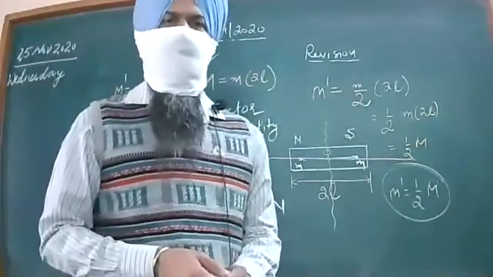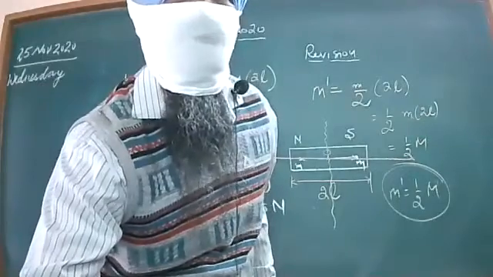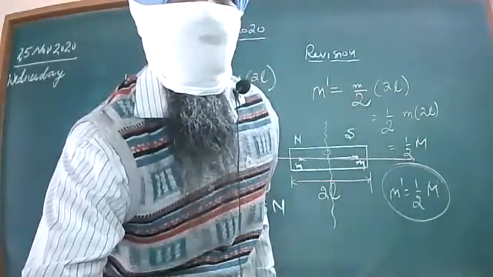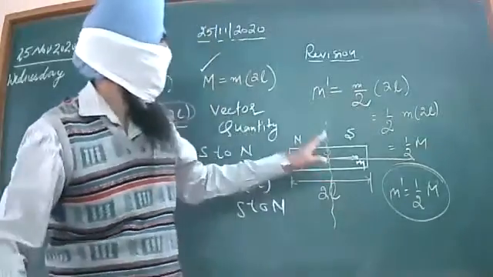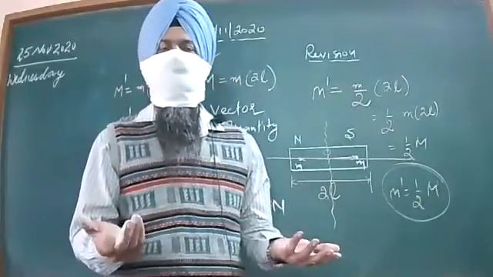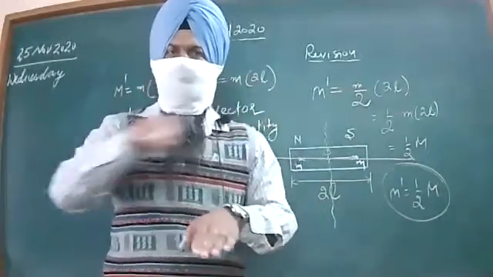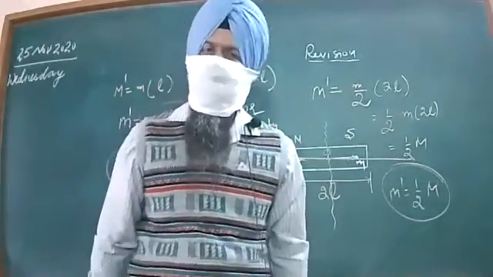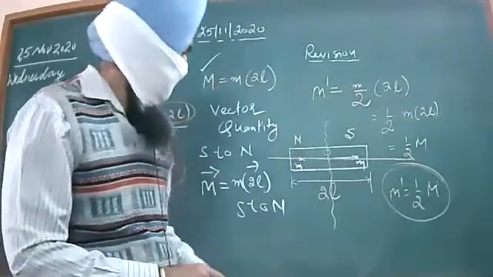Now, dear students, I would once again suggest that magnetic dipole moment can be calculated when you cut the magnet vertically and, secondly, when you cut it along the axis. This is wholly and solely up to you. Sometimes the examiner may ask that also.